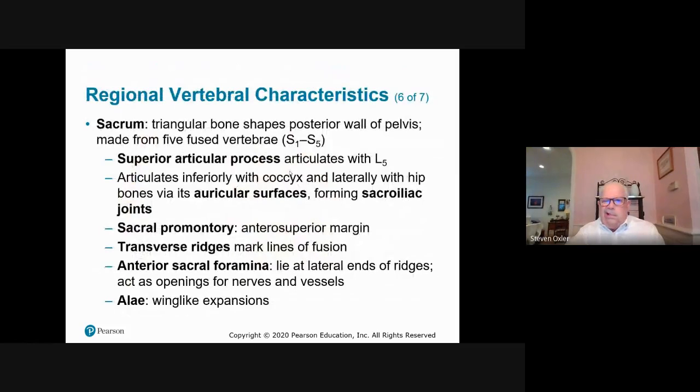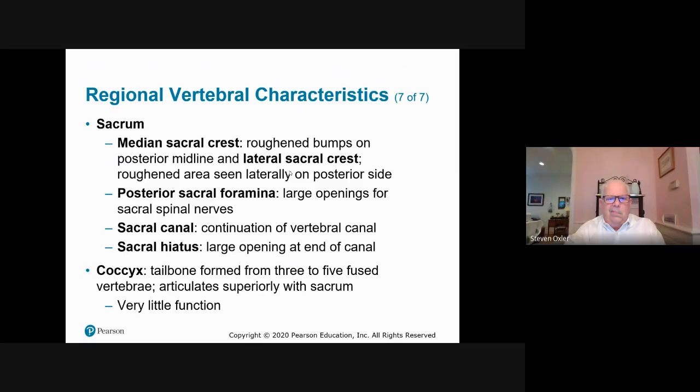The sacrum. The sacrum basically is five bones that are fused together. And that's basically all I want you to know about the sacrum. The coccyx. The coccyx is known as your tailbone. It is also a bunch of fused vertebrae, 3 to 5 vertebrae that are fused.